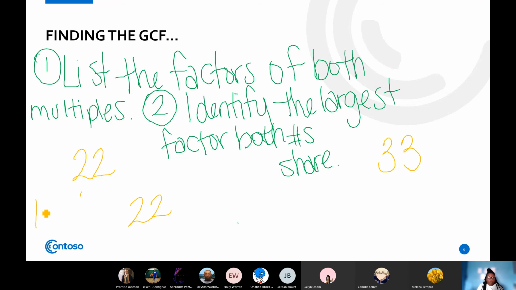And then after I've done 1, I go to the next digit. Because this ends in an even number, I know something times 2 will multiply to equal it evenly. 2 times what will equal 22? 11. So the factors of 22 are 1, 2, 11, and 22.